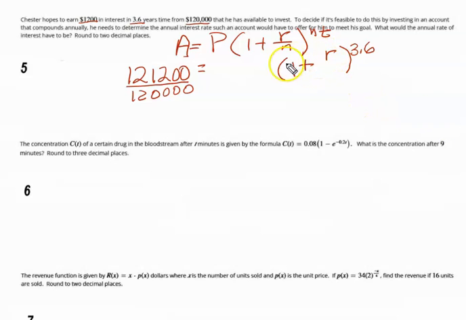Well, I want to get this R, in a sense, by itself. So I'll put this in black so you can see the difference here. What am I going to do to this side to get the R by itself? Well, I want to get rid of this exponent by taking the 3.6 power of both sides.